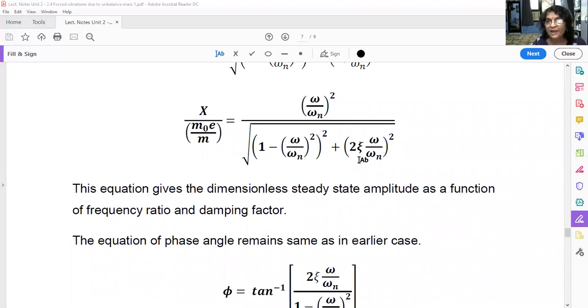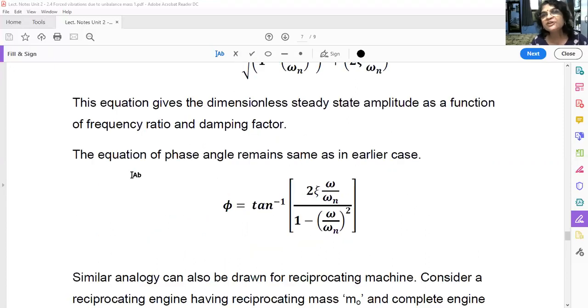So again we have to draw the graphs, plots of what? This dimensionless term, X upon M0E upon M, versus frequency ratio, that is omega upon omega n, for different values of damping factor zeta. But before that, see, the equation of phase angle remains the same as the earlier case.